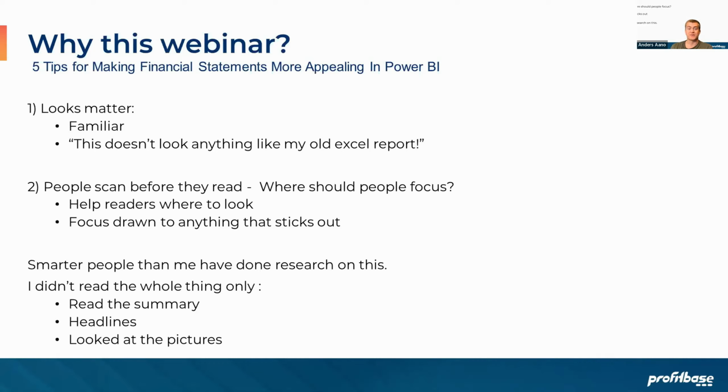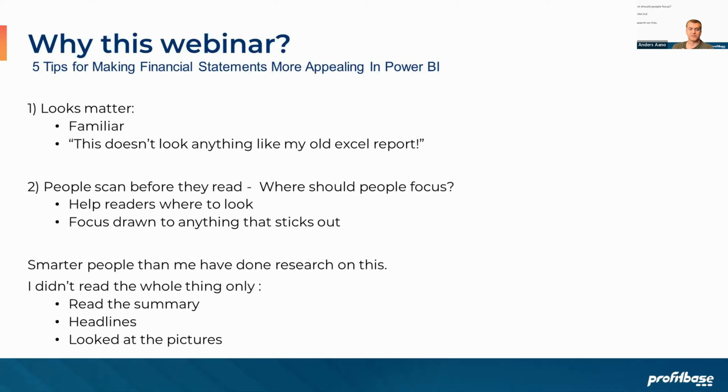So looks matter. And the second part is that people usually scan through a text before they read. And where should they focus? So by applying style, colors and formatting, you can help readers to know where to look. And the focus is usually drawn to anything that sticks out. So any bold or font with some specific color is going to draw attention. And smarter people than me have done research on this. So 2 Swedes did some research on how people read newspapers.